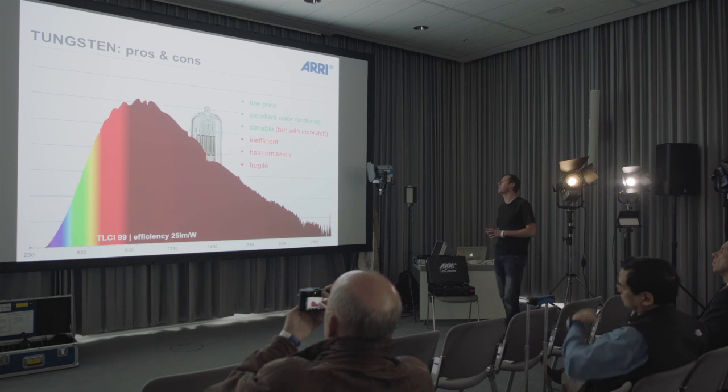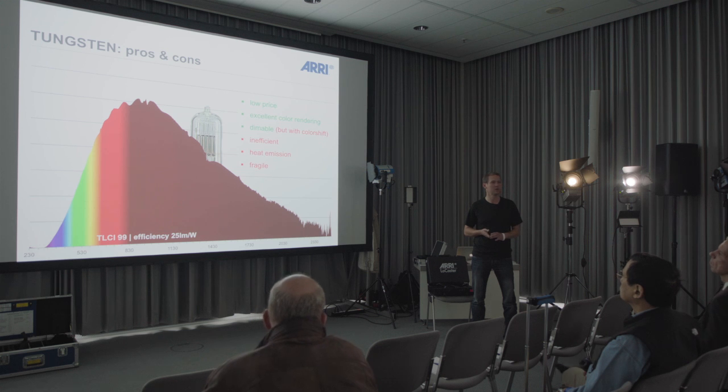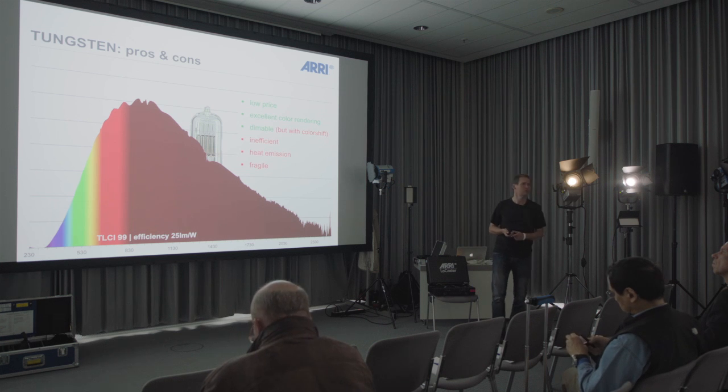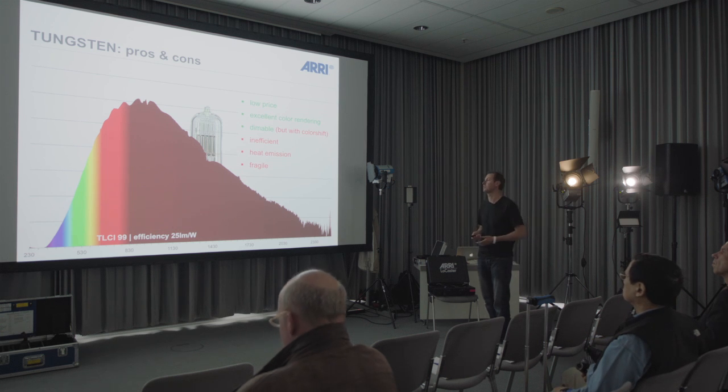I think there are not many film shootings out there that work completely without tungsten. But of course, especially if we talk about studio solutions, TV studios, LED is taking more and more of this market away from tungsten.